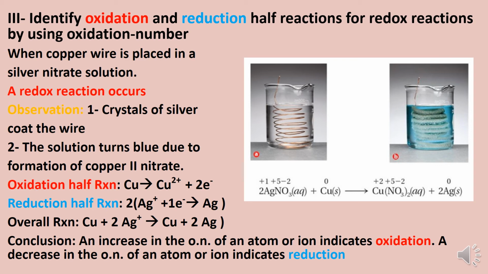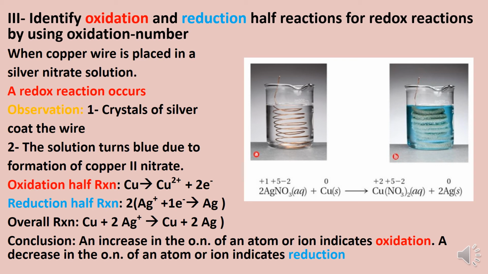Now, in order to add the two equations and get the overall reaction, we have to multiply the reduction half reaction by 2, in order to get 2 electrons gained and, in the oxidation half reaction, 2 electrons lost.